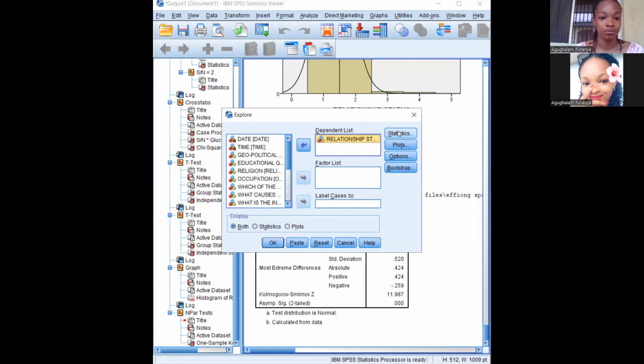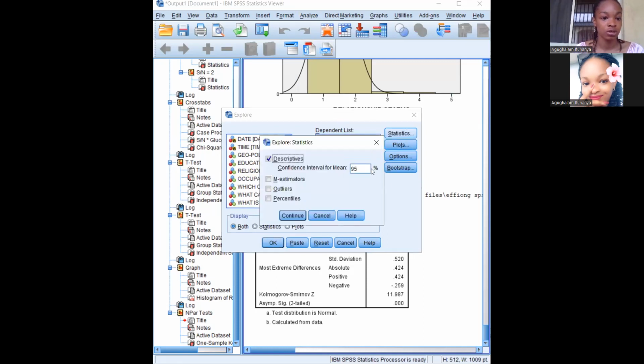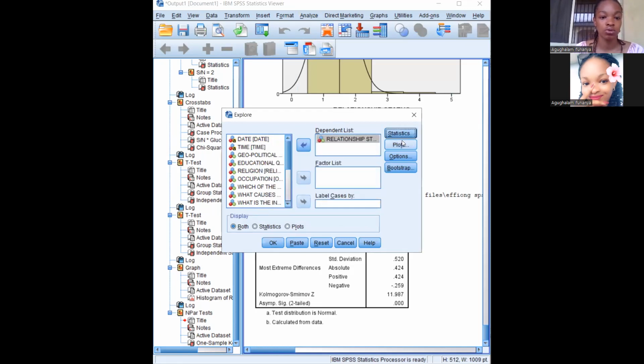Click on Statistics. If you want to change your confidence interval to 99 you can, but we want our confidence interval to be 95. Press Continue, go to Plots.